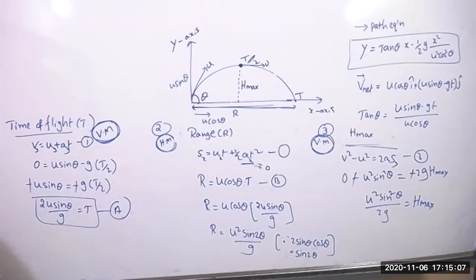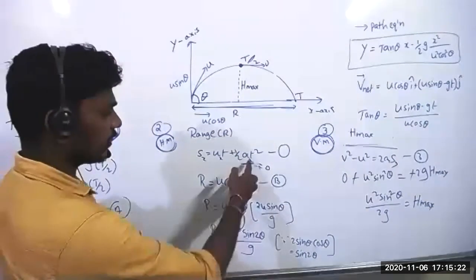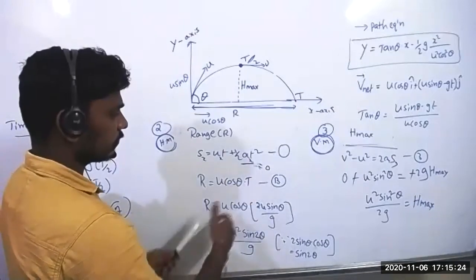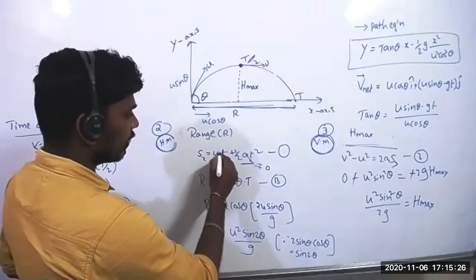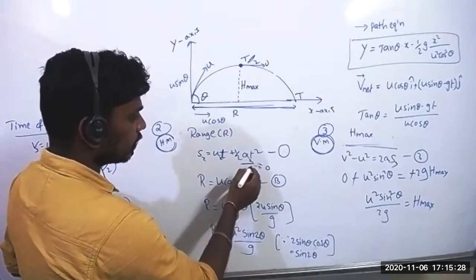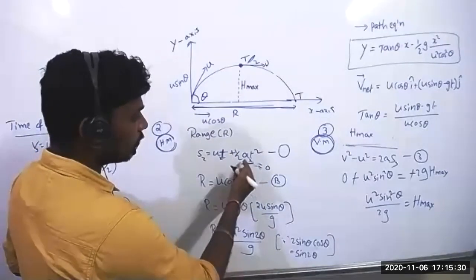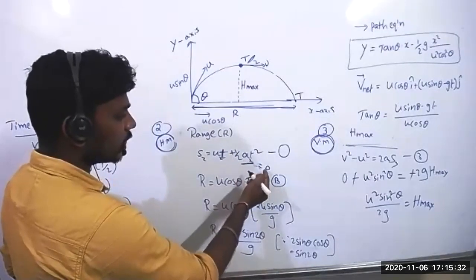Excuse me, sir. Sir, how is t square equal to t? Could you explain once? Here only t. This term will become at square. ax is 0, no? Along the x direction, acceleration is 0. Oh, okay.